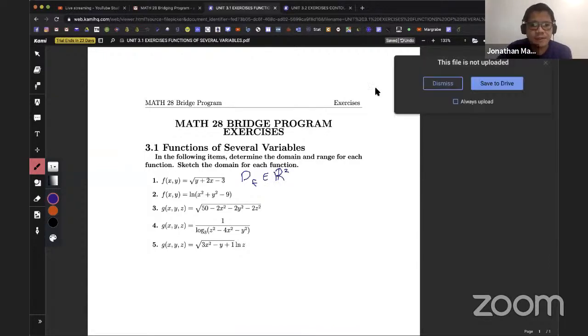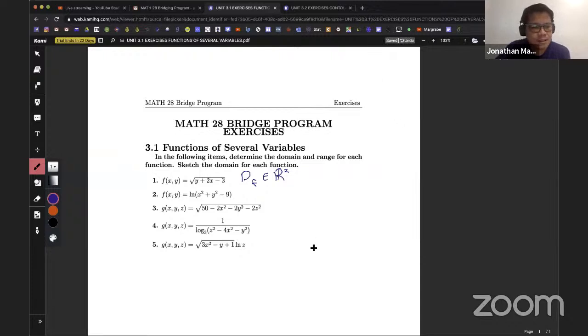Since this is a square root function, and we know that if we have a square root function, since we are just working with the set of real numbers, the radicand or the expression inside the square root should be greater than or equal to 0.